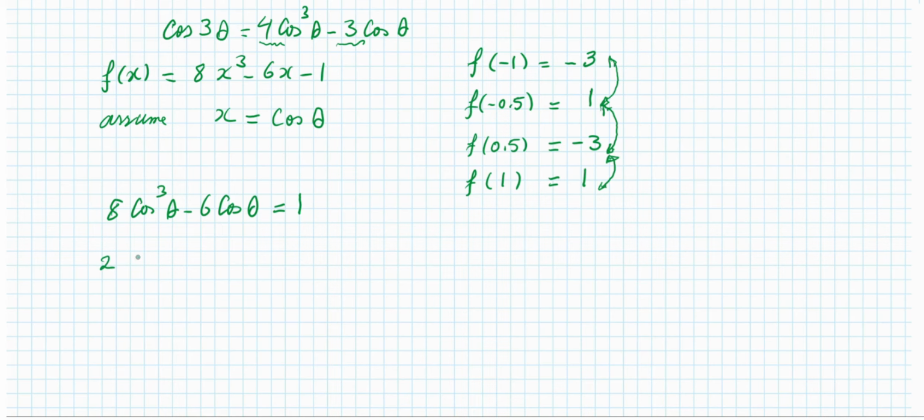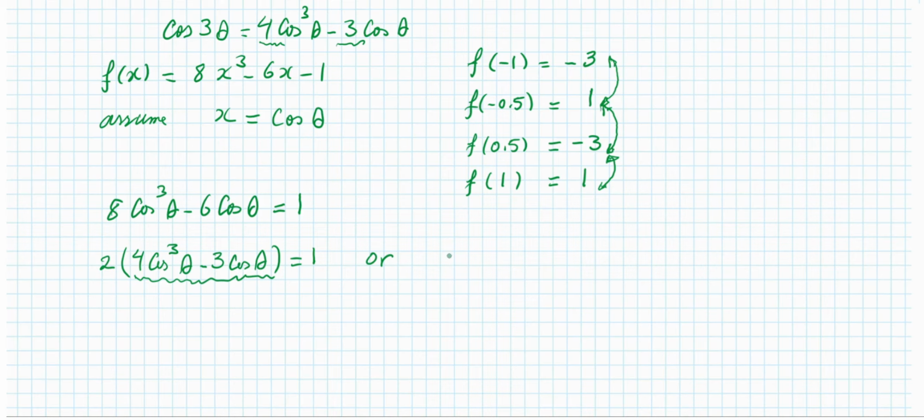So we factor by 2, and then here we have 4 cosine cubed of theta minus 3 cosine of theta, which is now cosine of 3 theta.